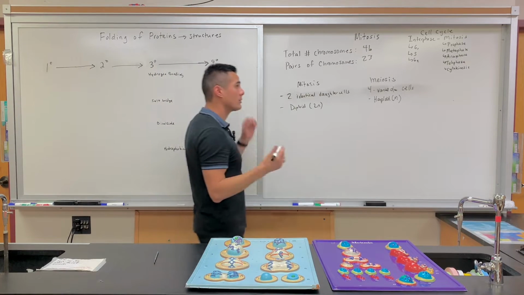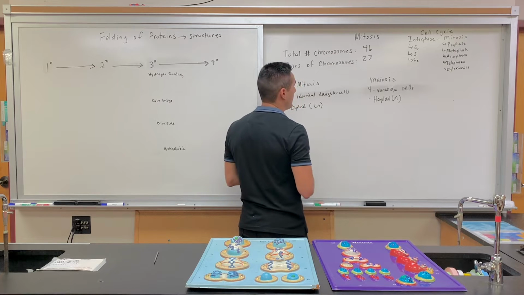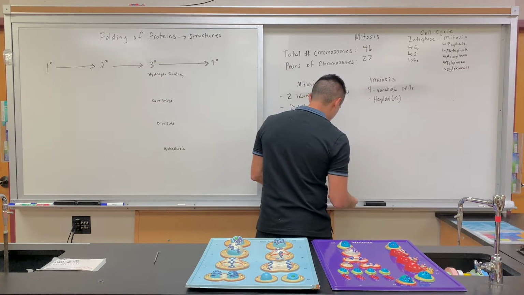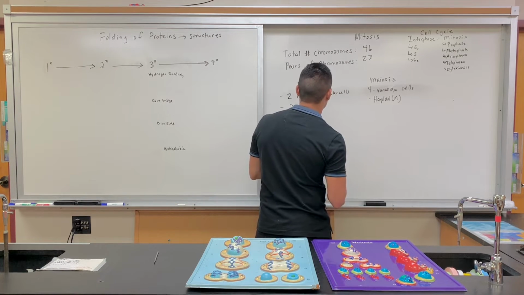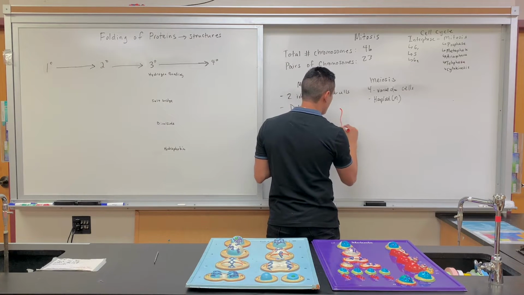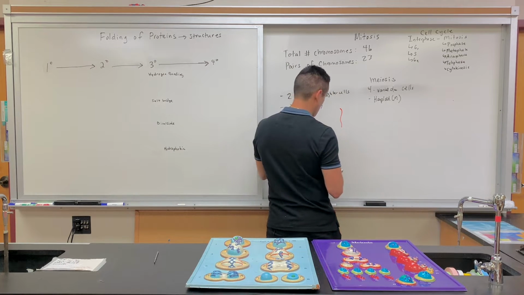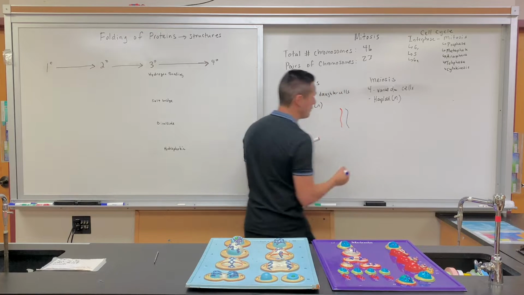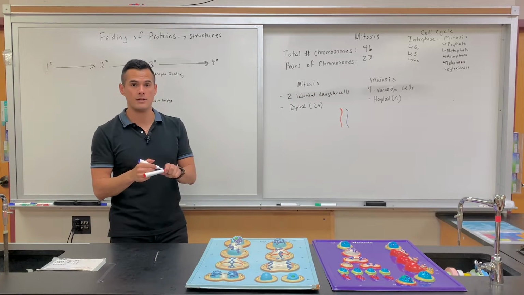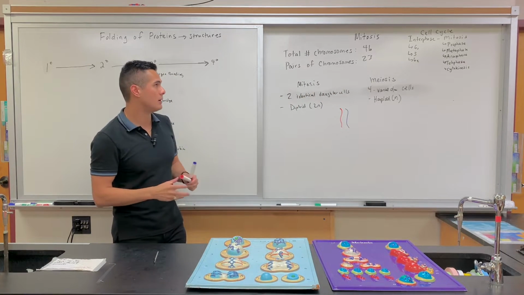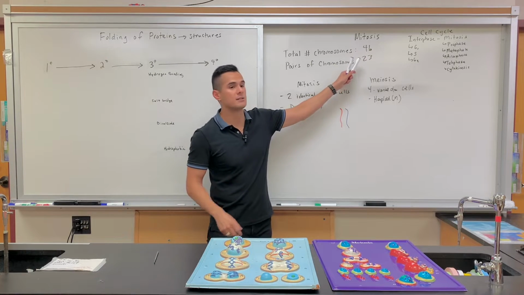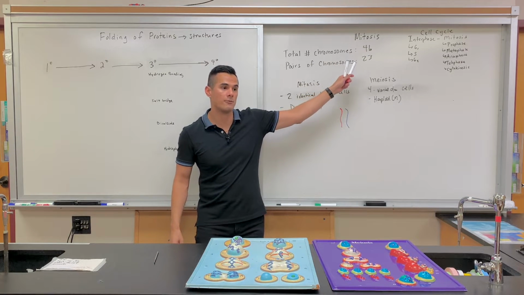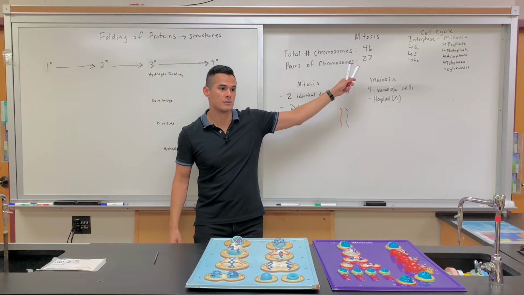The reason we say they are pairs is because we get 1 from mom and 1 from dad. That's why there are 23 pairs and a total of 46 chromosomes.